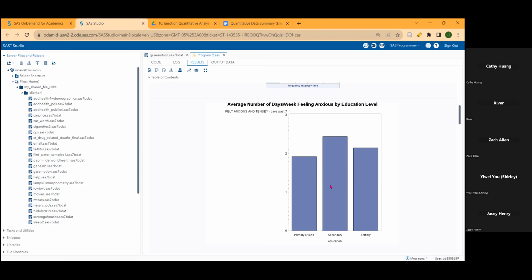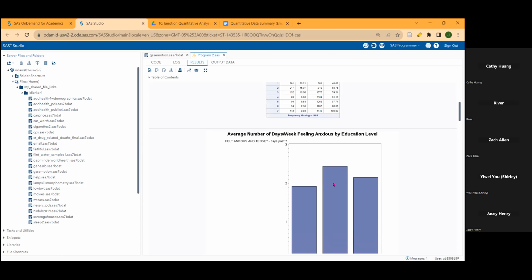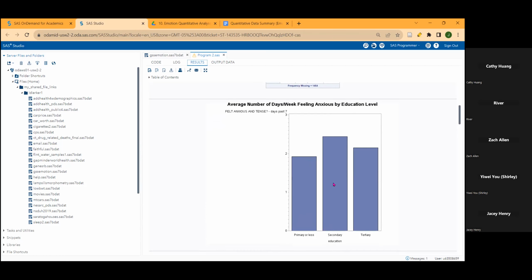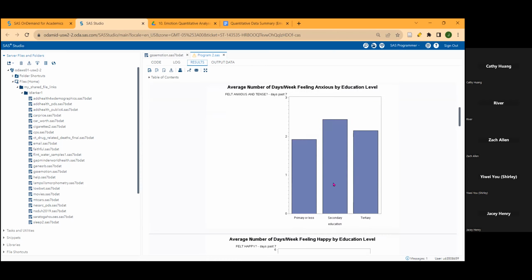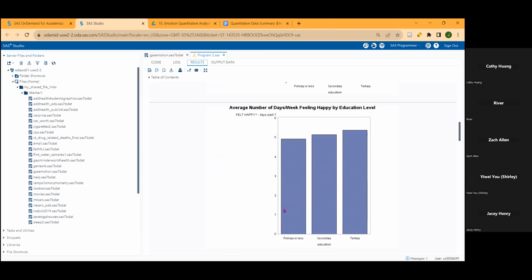So the people who have less or more education are less anxious than the people who have a high school degree. Yes. And this is happy. There's a little bit of a difference, not much though. Yeah, a slight increase as your education increases.